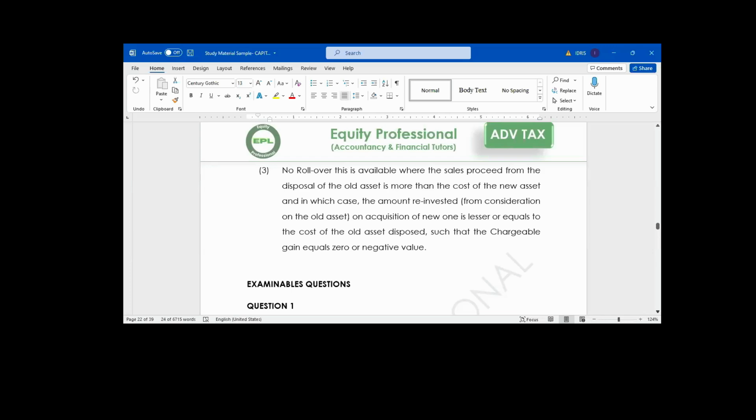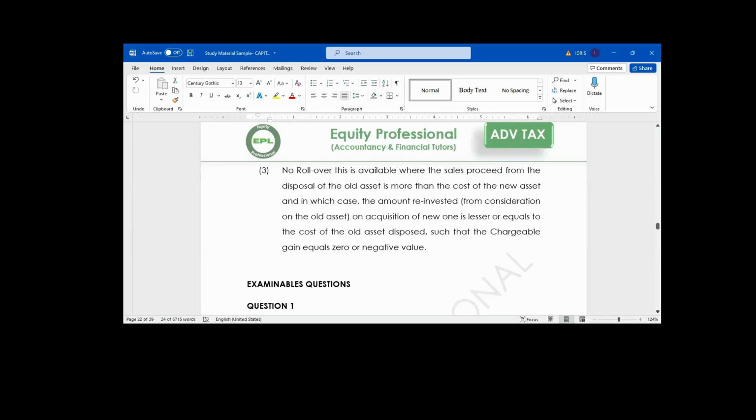The amount that you reinvested when you purchase that new asset is less than the sales proceeds of the old assets, and is also less than the cost of acquisition of the old assets.